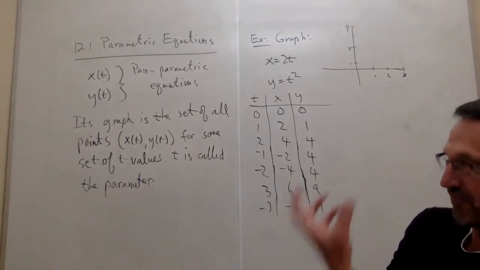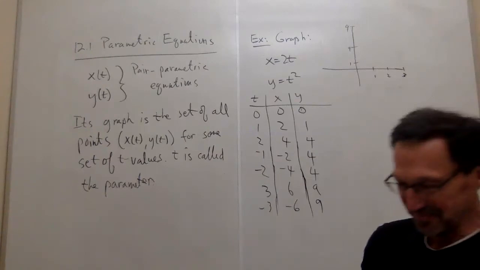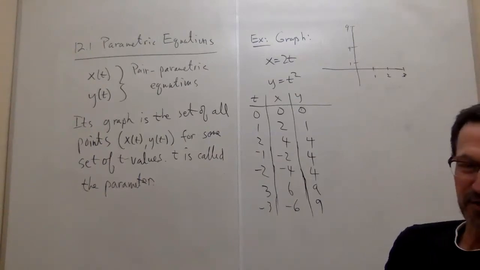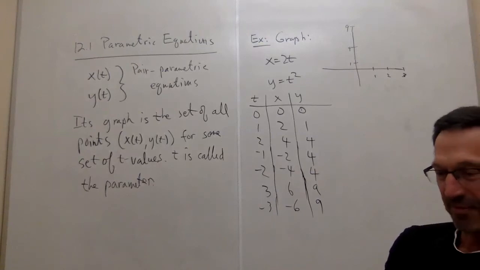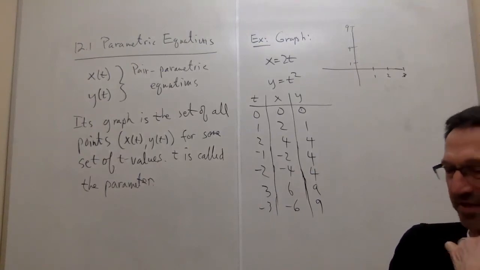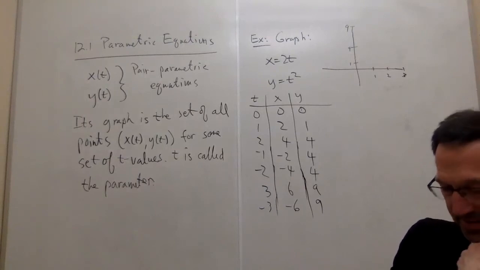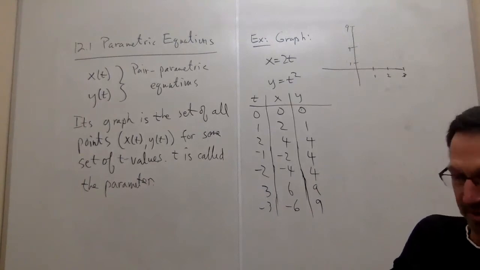Okay, same is true for the topic in section 1. Sometimes parametric equations are the very best things to use to solve a problem, and sometimes they're not. So we'll talk about the mechanics of how they work. We'll look at several examples, and we'll also try to keep in mind that in the end, we really want to know when parametric equations are the best way to describe a problem.